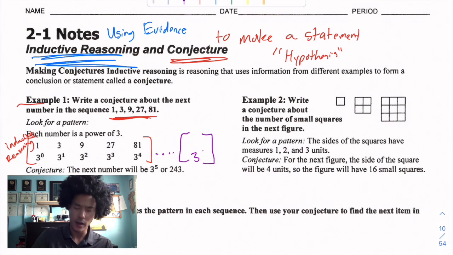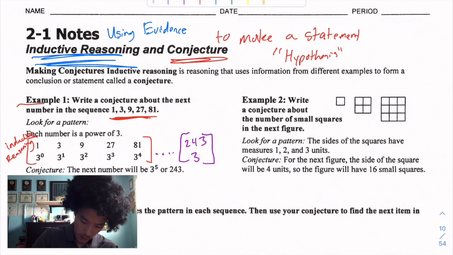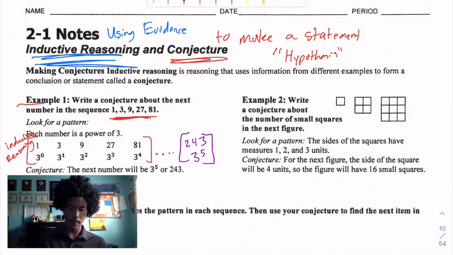In this case, 3 to the power 5, a little mental math. 343, I think that's right. Nope, 243. Dang it. 243. 3 to the power 5, okay? Oh, it's right here.